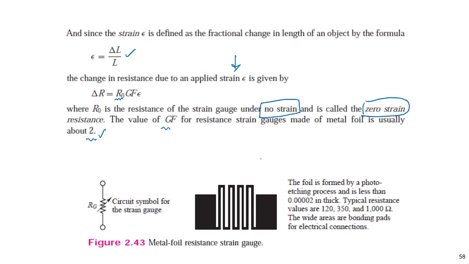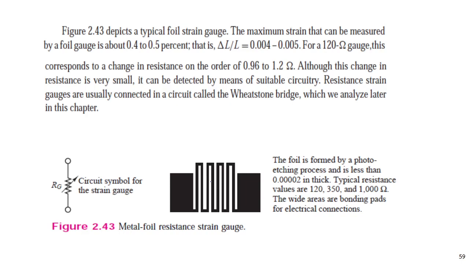And this is the structure of the metal foil strain gauge. This type of sensor will have a variable resistance due to the force applied to it, right? This metal foil resistance here.